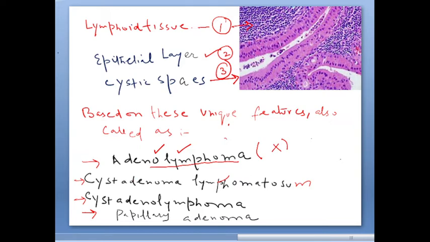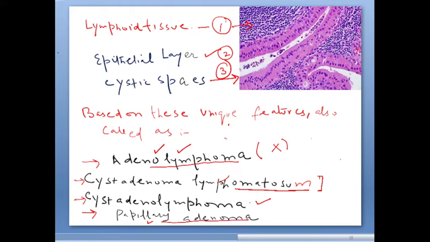They were also termed as cystadenoma lymphomatosum. Lymphomatosum indicated that lymphoid tissue surrounds the neoplastic area of the tumor. They were also termed cystadenolymphoma, and some researchers termed these as papillary adenomas.